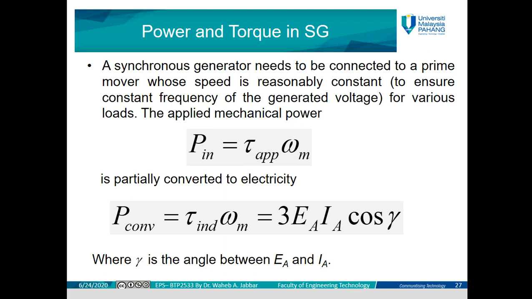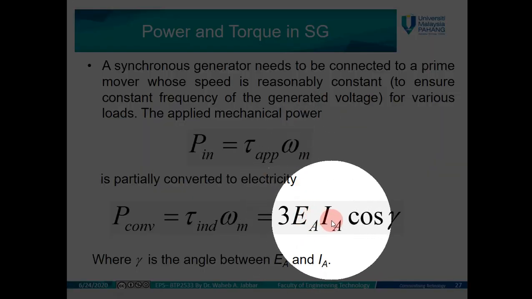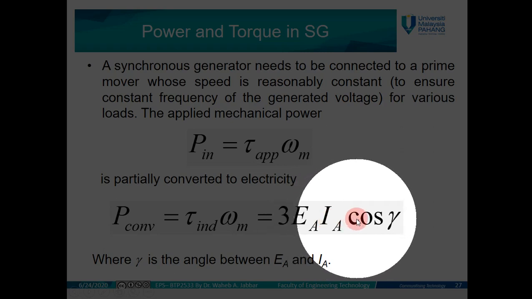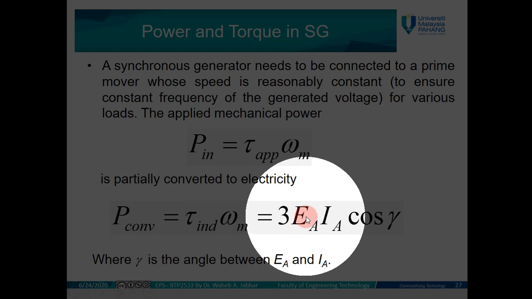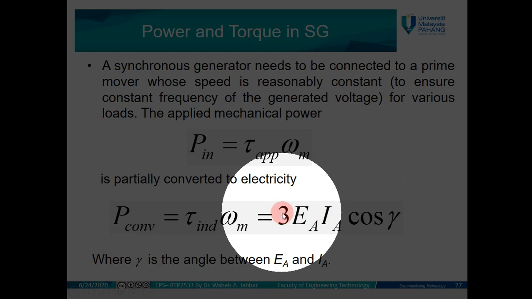The converted power can also be represented by the induced voltage in the armature winding, EA, times the current supplied to the load connected to the stator winding, IA, times cosine gamma, the cosine of the angle between the armature voltage and the armature current, all multiplied by three. Why three?